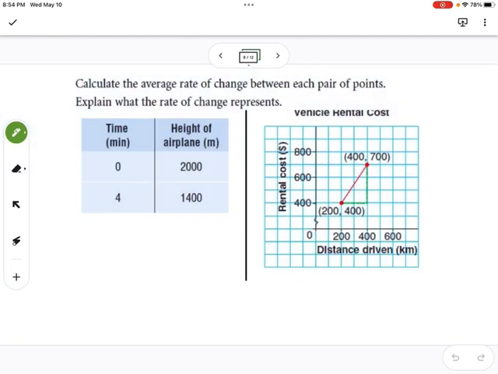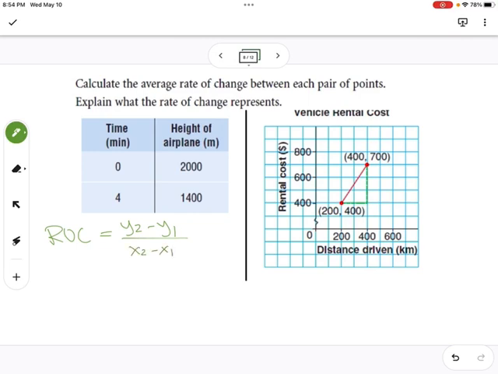Okay, so doing a couple examples here. So our rate of change, y2 minus y1 over x2 minus x1.